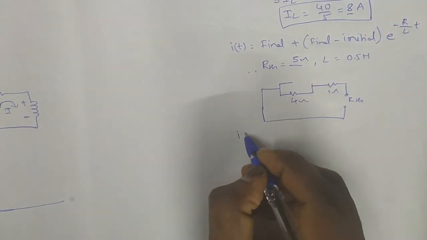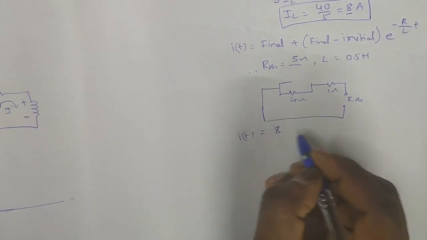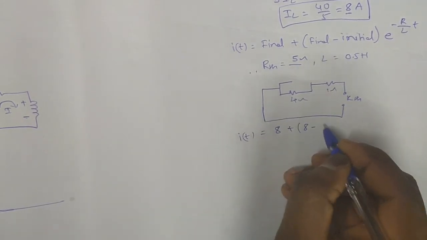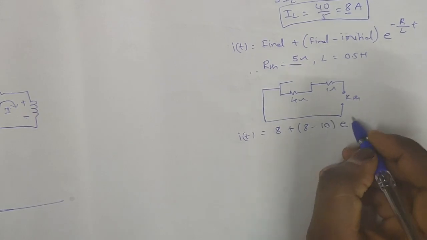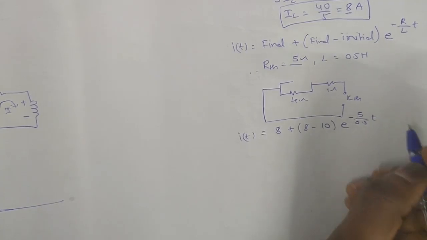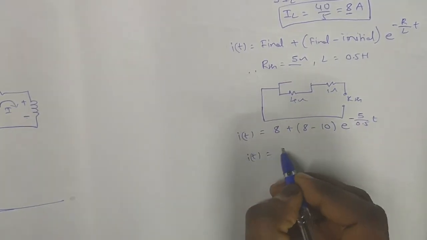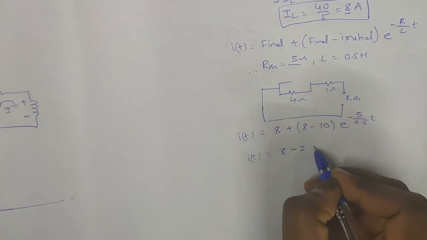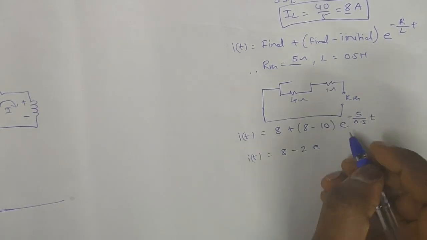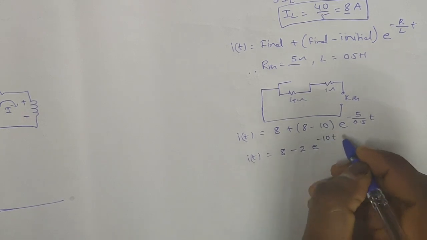So we will rewrite the solution as I of t is final value 8 plus, 8 minus initial value 10 amps, e power minus 5 by 0.5 into t. Now we will write it as 8 minus 2 e power, if you cancel this out, minus 10 t.